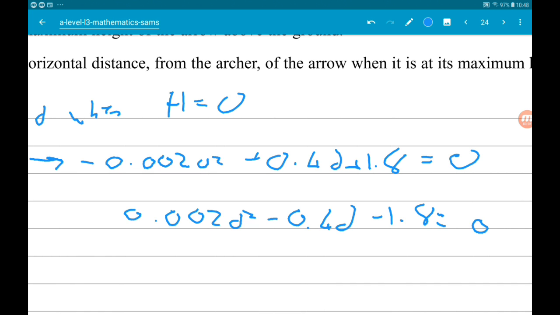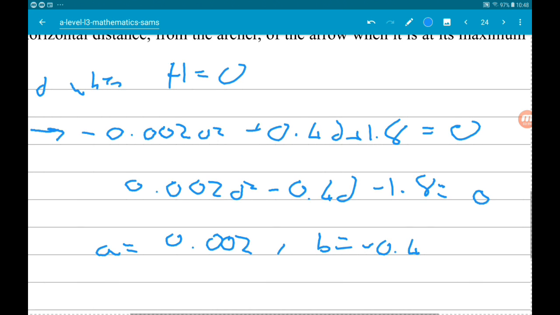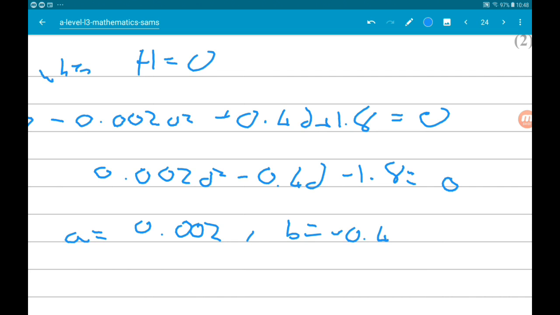Now at this point, look at how disgusting it is. Really now we want to use the quadratic formula. So we're going to use it with a is equal to 0.002, b is minus 0.4 and c is minus 1.8.